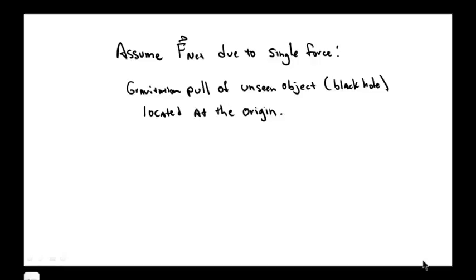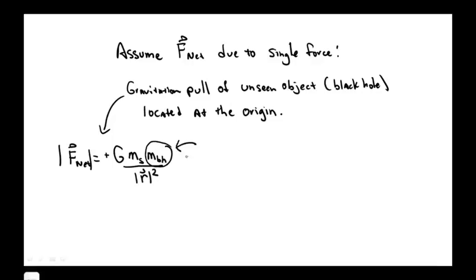With all this in mind, we can use Newton's universal law of gravitation to describe the interaction of the unknown agent and the visible star. Combining this with selected results from our motion analysis, we can then solve for the unknown, an estimate of the mass of the unseen object, a black hole at the origin.